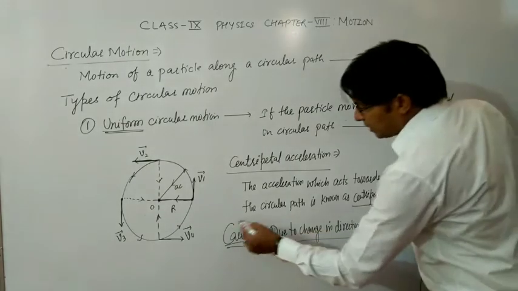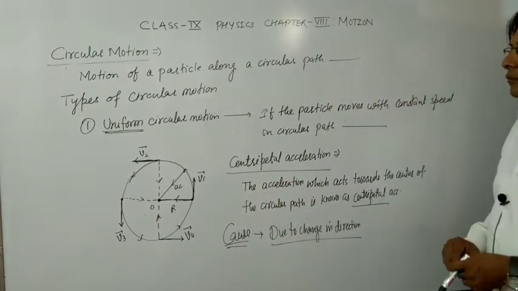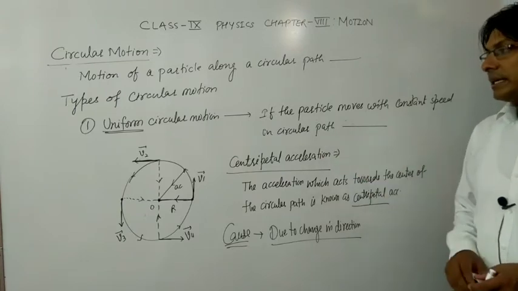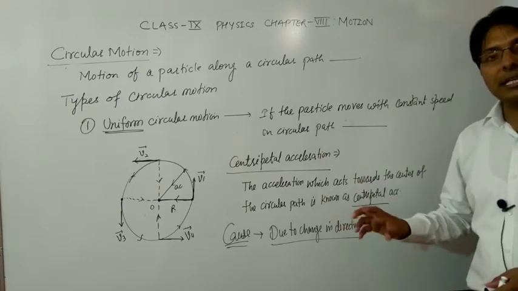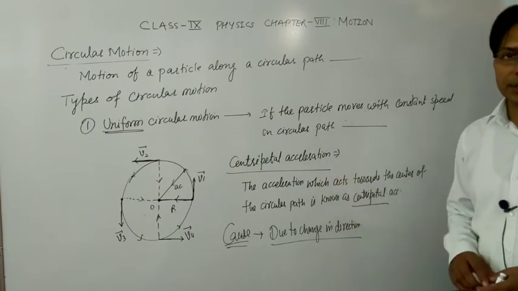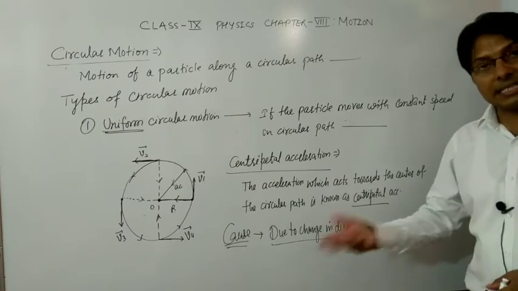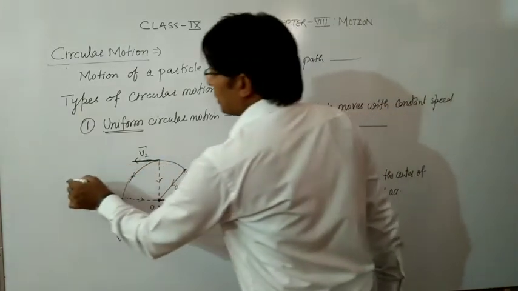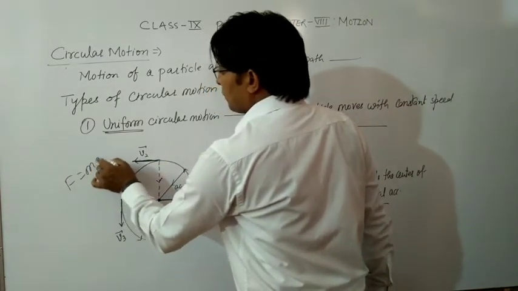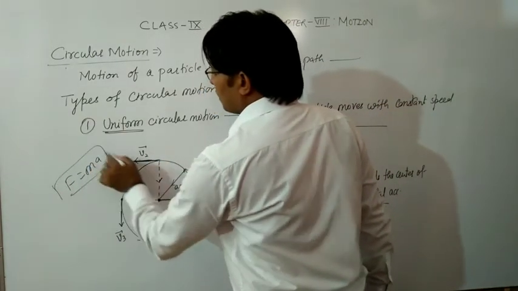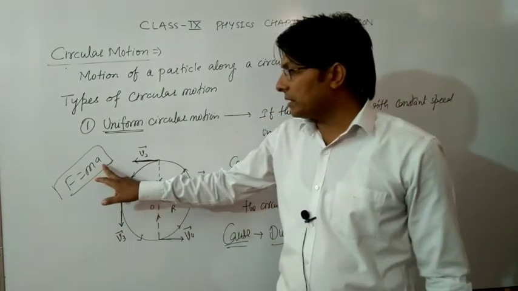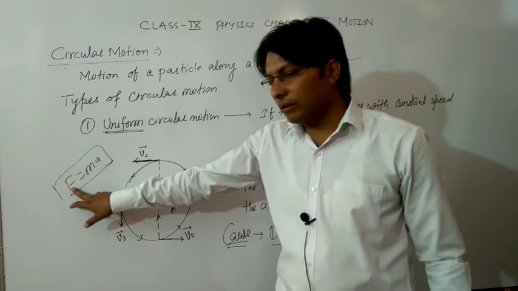So this is the main cause. Now we have also studied that wherever there is force there will be acceleration, or wherever there is acceleration there will be force, because force is equal to mass into acceleration. We will also discuss this in laws of motion. So wherever there is acceleration there will be force.